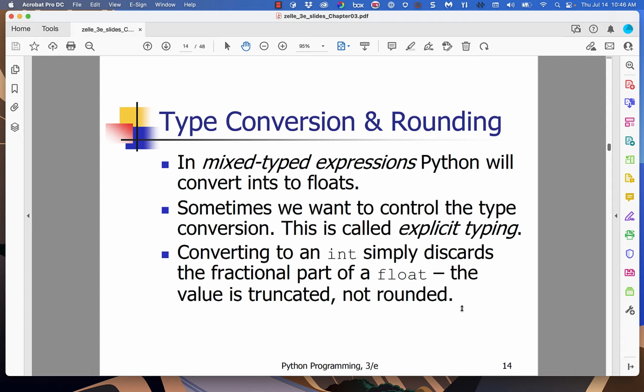What value are you going to get from that? You're going to get just 5. What if it said 5.999? You know, int 5.999. Likewise, you would get only 5. There's no rounding. It truncates the decimal fraction. As long as you know that that's how it works, great. Okay.